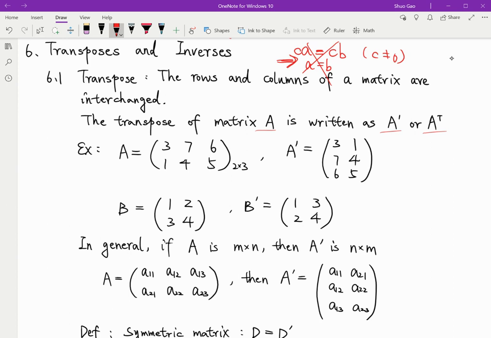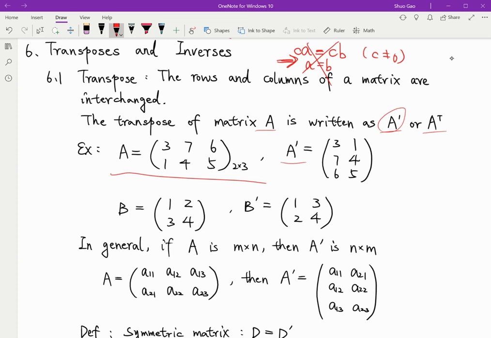Here's a T, meaning transpose. But most people prefer to use A prime, I think. And so let's see an example. Right? So if A is a 2 by 3 matrix, then A prime or transpose means we change the rows and columns of the matrix.